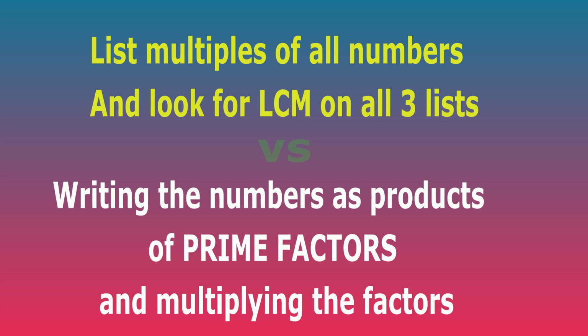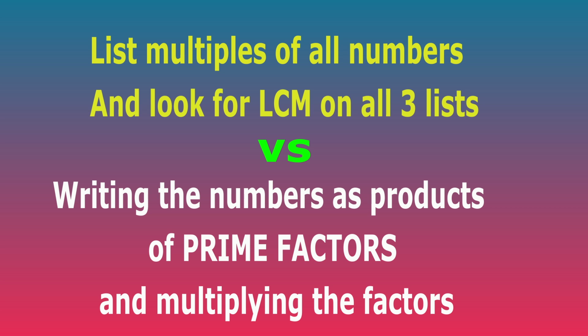Which method is best? Well, I would say that the prime factors method is better for numbers approaching 100 or larger. If you're dealing with smaller numbers, you're probably safe to use the first method of listing all the multiples, but overall I think it's better that you use the prime factors method.